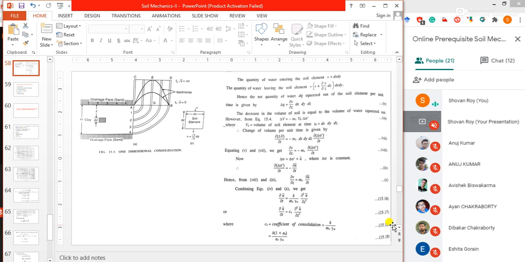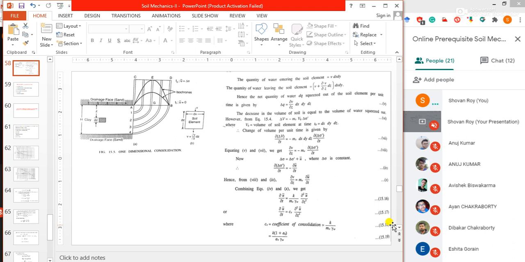So CV equals K into 1 plus E0 by AV into gamma W. This formula is very essential to calculate any numerical problem to find our final settlement. Our aim is to find out the settlement of the soil, how much the soil has settled due to load.